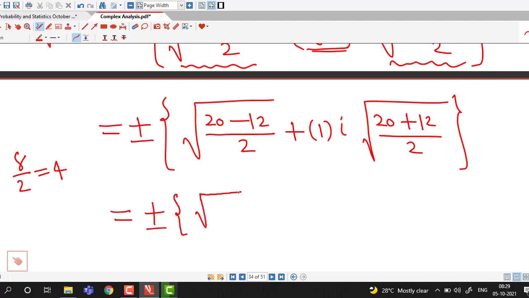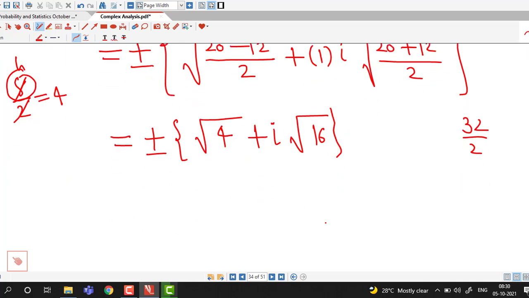So we can write one more step. Here we have square root of 4, since 20 minus 12 is 8 divided by 2. So we have 4 here, plus i. Here we have 20 plus 12, that is 32 divided by 2, which is 16. And if we consider positive square roots, square root of 4 is 2 and square root of 16 is 4.